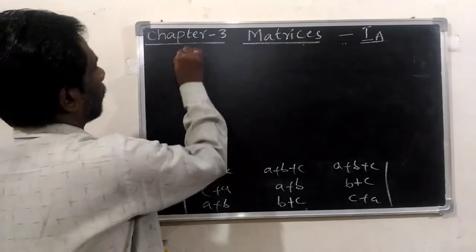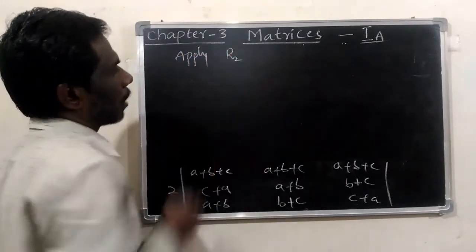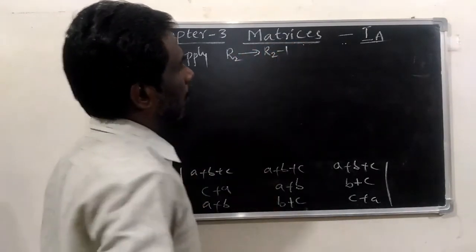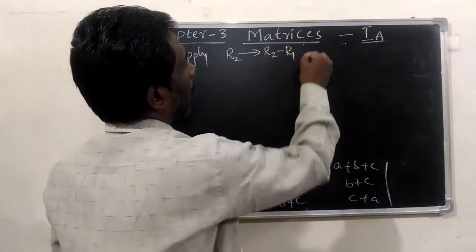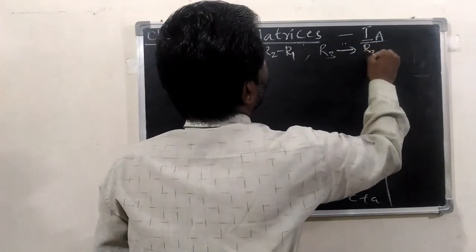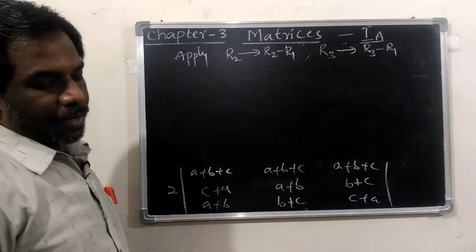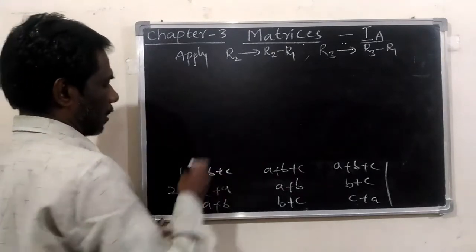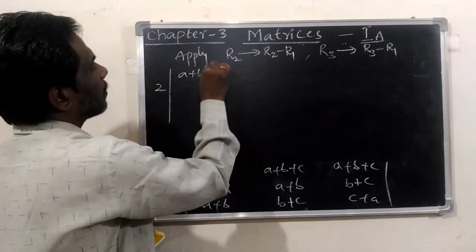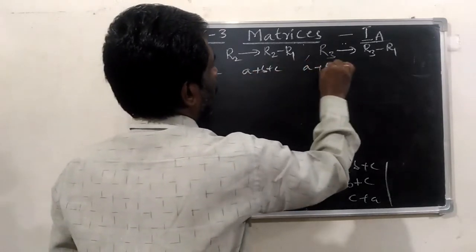Now I am applying the R2 operation as R2 minus R1, and the R3 operation as R3 minus R1. So R1 is as it is: 2 times the determinant with a+b+c, a+b+c, a+b+c.